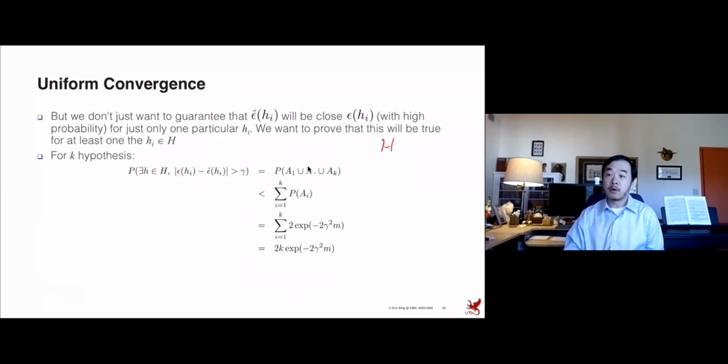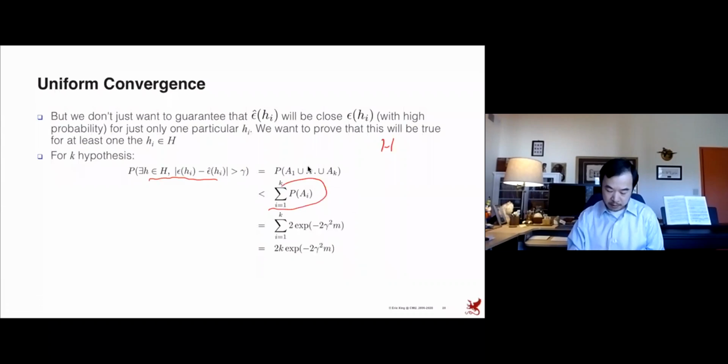So we can use the union bound to now characterize an upper bound of at least one hypothesis being very bad, using the probability of only one hypothesis being bad. Okay, so we sum together all these, and we know that it is a finite hypothesis space.